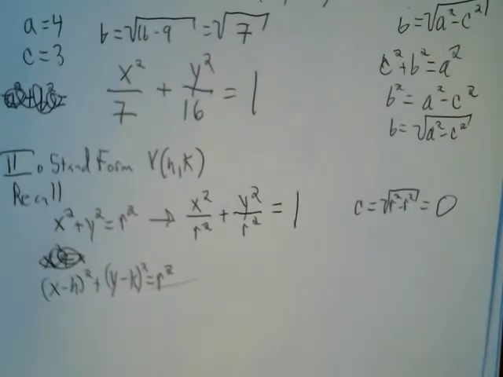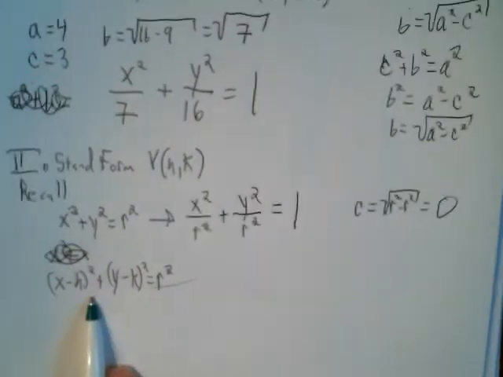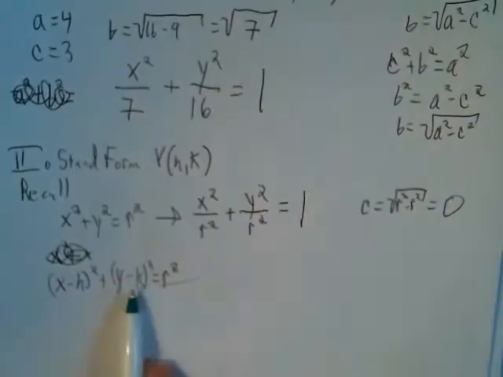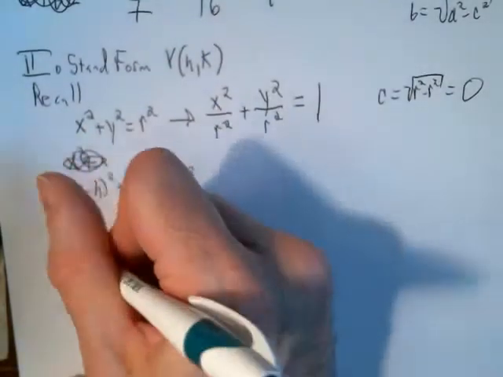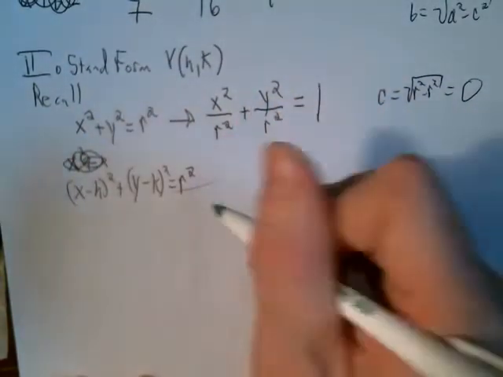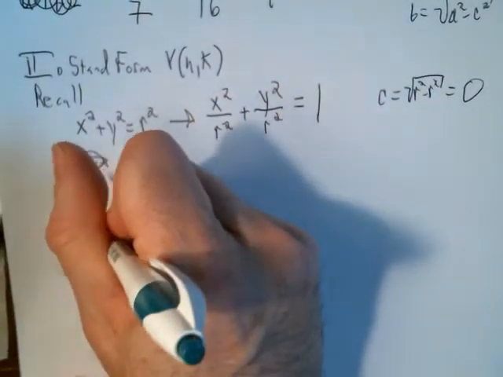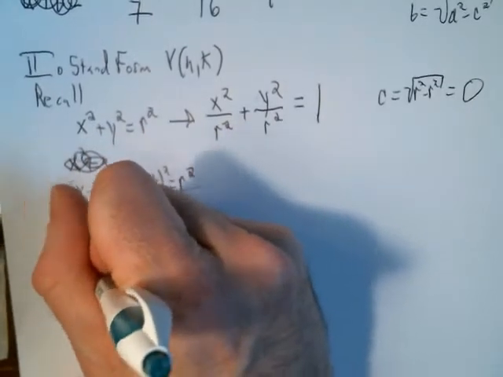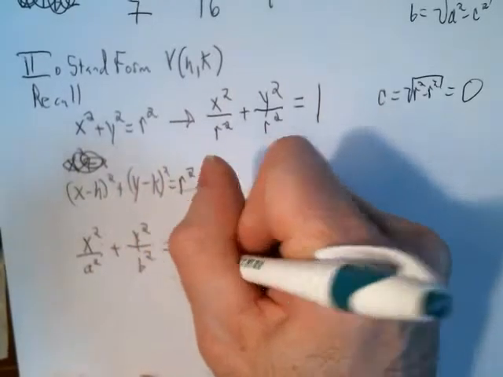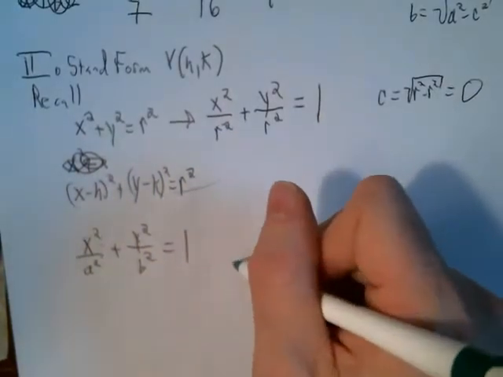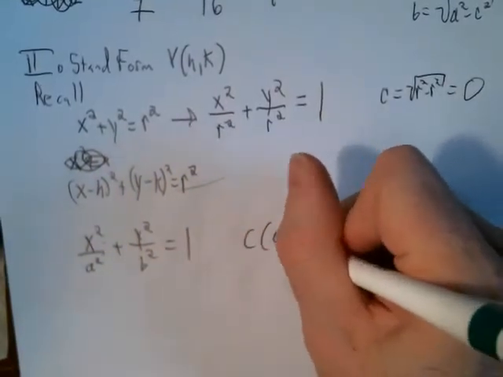Okay. So anyways, if you remember this form of the circle, it's kind of like what we want to do with the ellipse. So we want to go from our standard form centered at the origin, which for the ellipse was x squared over a squared plus y squared over b squared equals 1, with center at 0, 0.